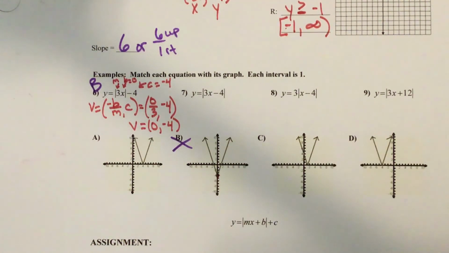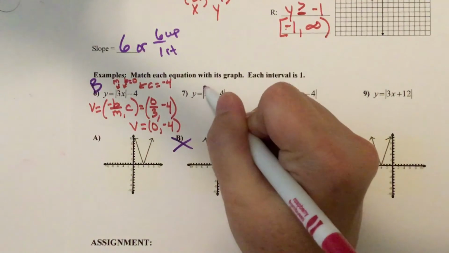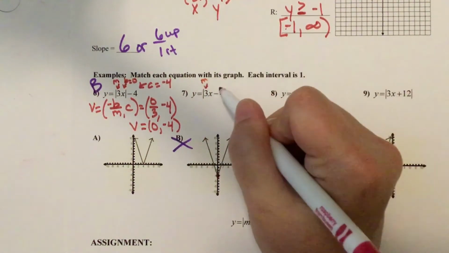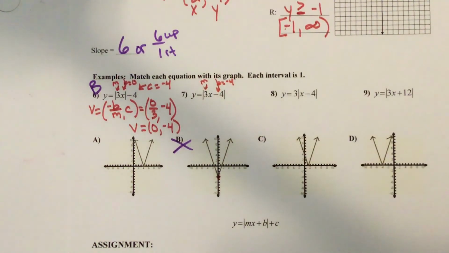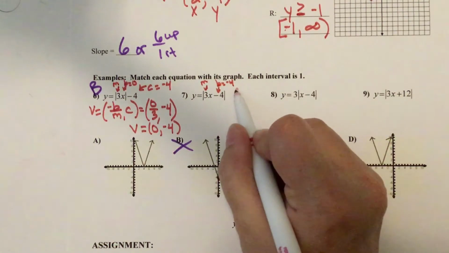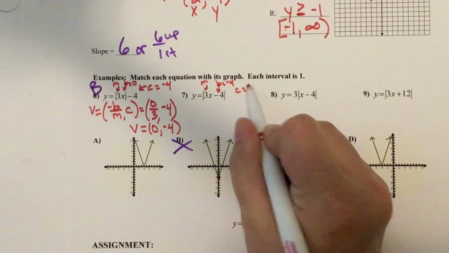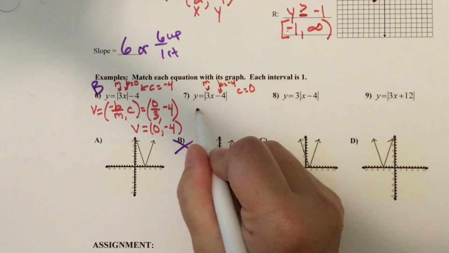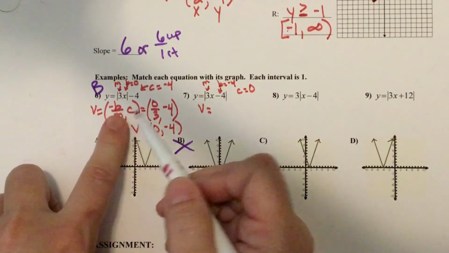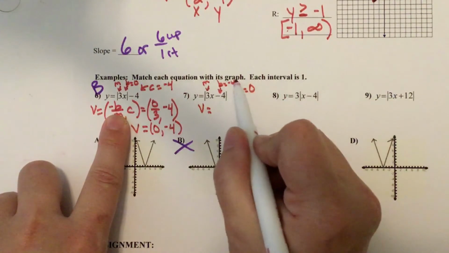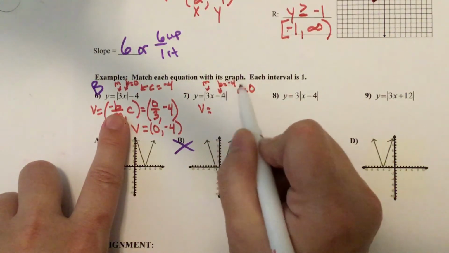Okay, let's look at the next one. So M is this 3 here. B is this -4. Because remember, M and B are always inside the absolute value bars. Who's C? 0. There's nothing added or subtracted outside. Okay, let's see if we can find our vertex. I'm not going to write the formula again, but let's look at it. Opposite of B. What's the opposite of a -4?